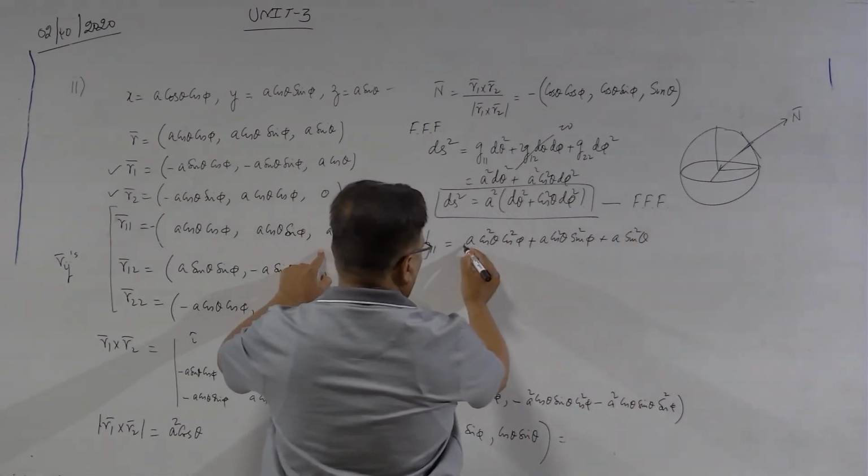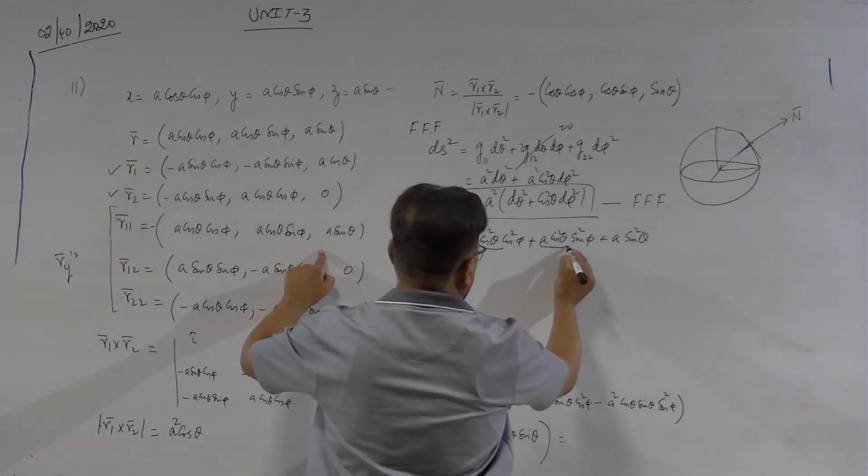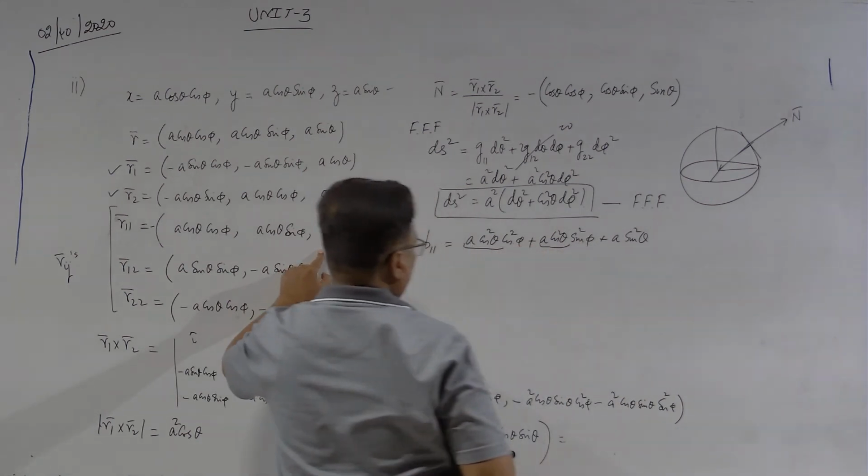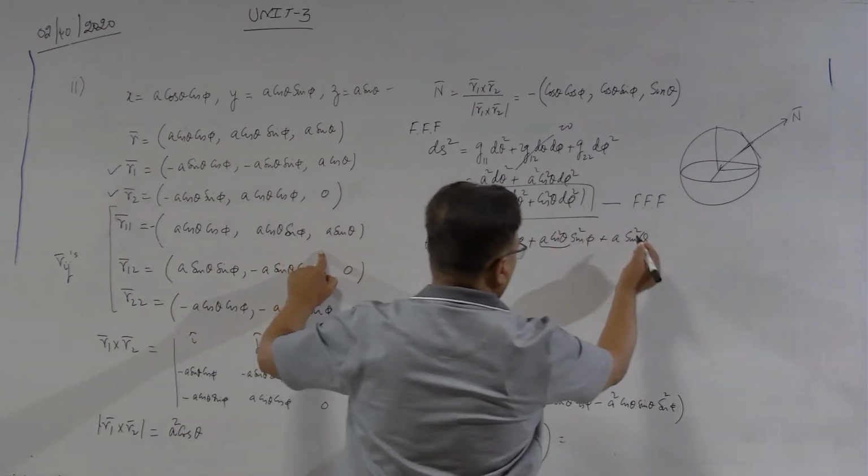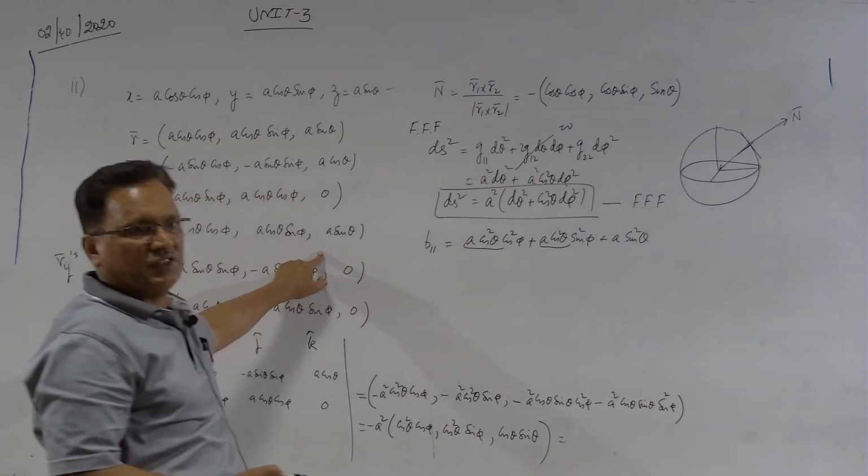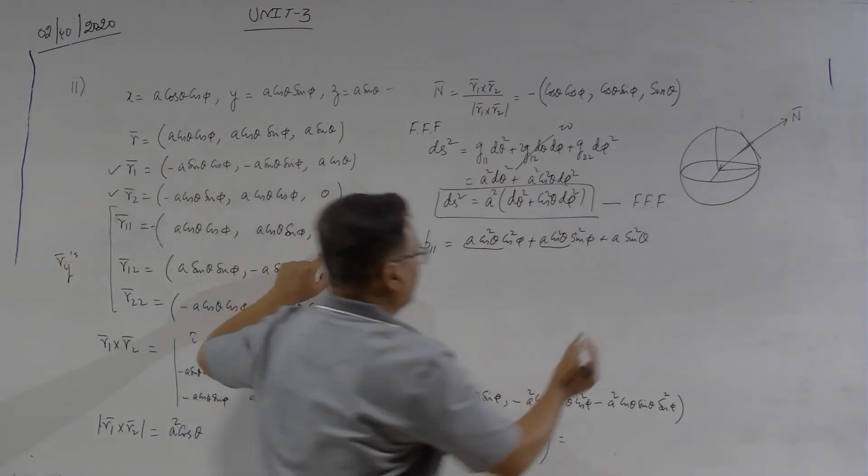So, from here A cos square theta is common, cos square phi plus sin square phi is 1, A cos square theta plus A sin square theta means simply A. So, B11 is simply A.